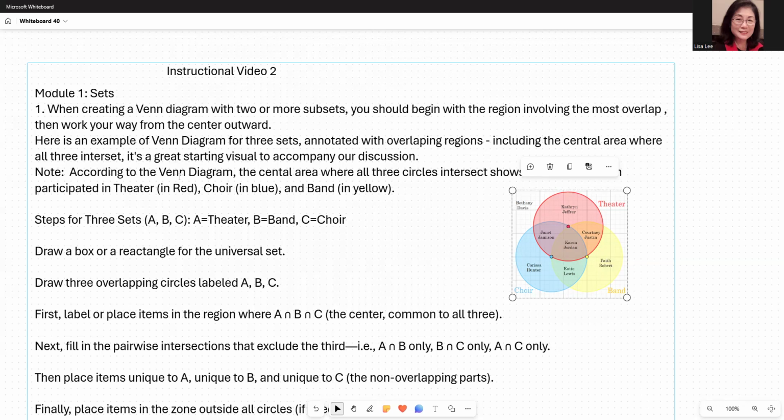According to the example of the Venn diagram, you should notice the central area where all 3 circles intersect, the red circle, the yellow circle, and the blue circle.